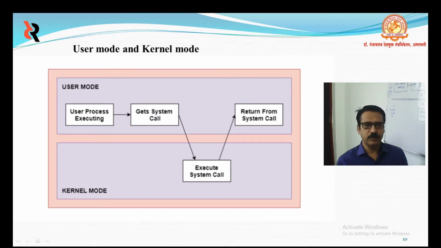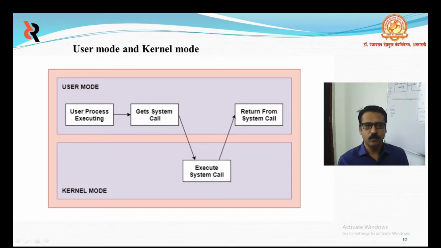So for that purpose, the process enters from user mode into kernel mode. After that, it again returns into user mode. By default, whenever you boot the operating system, it is always in kernel mode, but users are always programming or doing tasks in user mode. So system calls play an important role here.